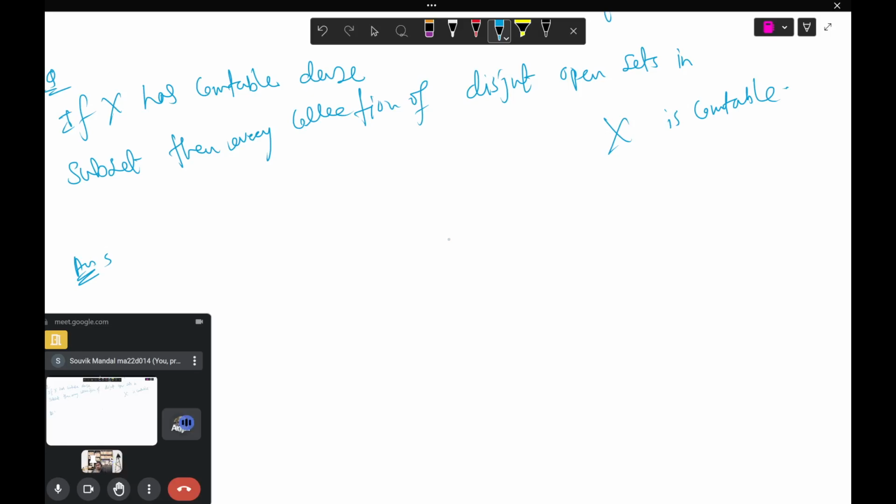If we define a map from A for each U alpha, and prove it is surjective, the countability follows. No, not surjective. I mean, how do you get a map? We have only a countable dense subset, right? So how do you get the map? I don't get it.